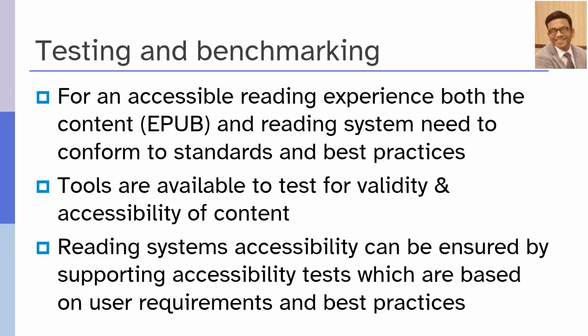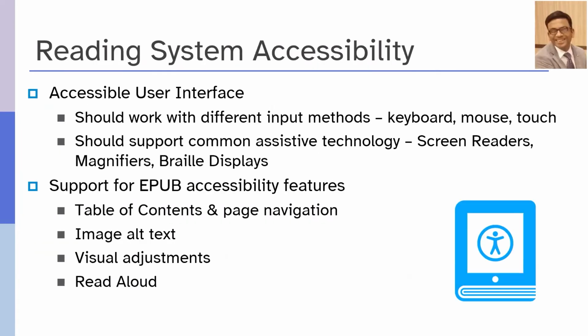Today, we are talking about the reading systems, which must be tested for accessibility features required by the users based on the user requirements and best practices. So the reading system needs to have an accessible user interface. It is necessary that it works with different input methods, such as the keyboard, mouse, and touch.